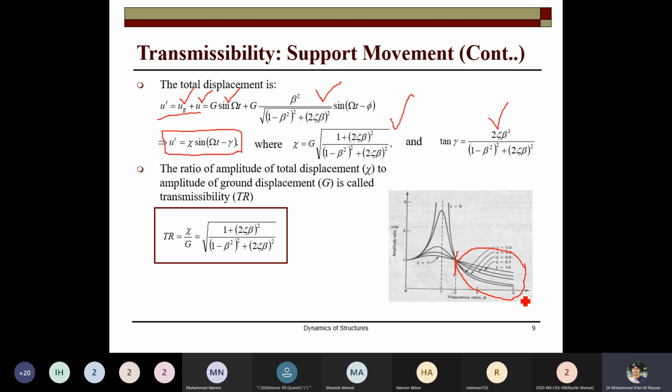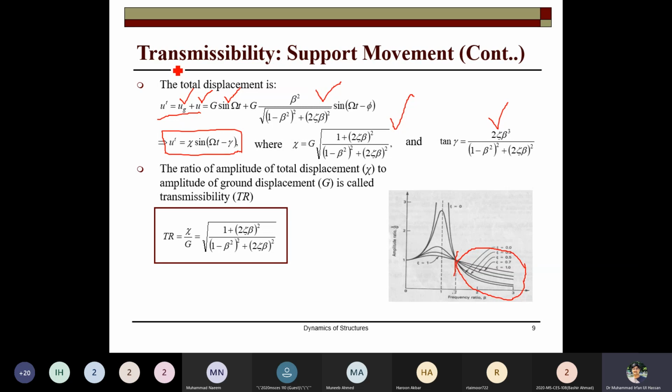So basically this function, the ratio of the amplitude or the force in the system to the ground, how much is being transferred to the ground, that is called transmissibility.